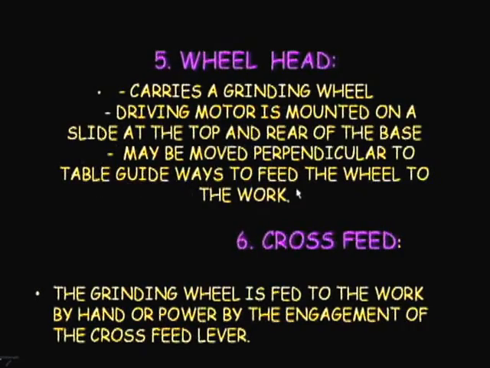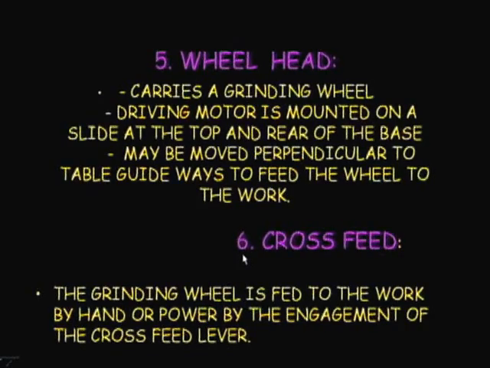As I told you already, it is at 90 degrees to the table. Next is cross feed. So, in addition to this traverse, the grinding wheel is fed to the work by hand or power or by the engagement of the cross feed lever. So, that lever is there in the figure. Through that we can see that cross feed can also be given.